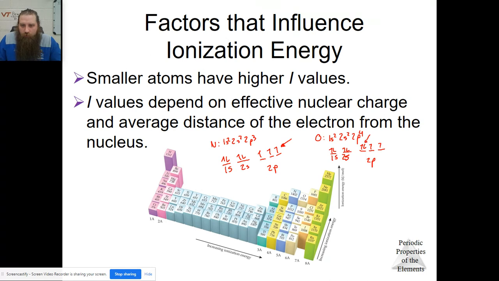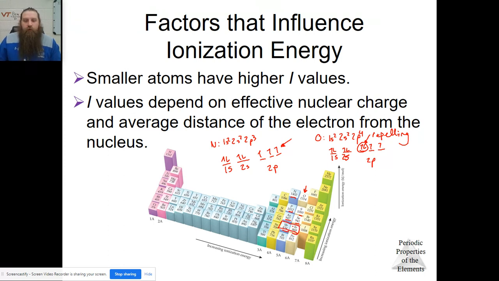That electron right there really wants to be taken away because these two electrons are repelling each other. And because they're repelling each other, the ionization energy of oxygen is slightly lower than the ionization energy of nitrogen. We can see that in all of these, that's true, till you get all the way down here.